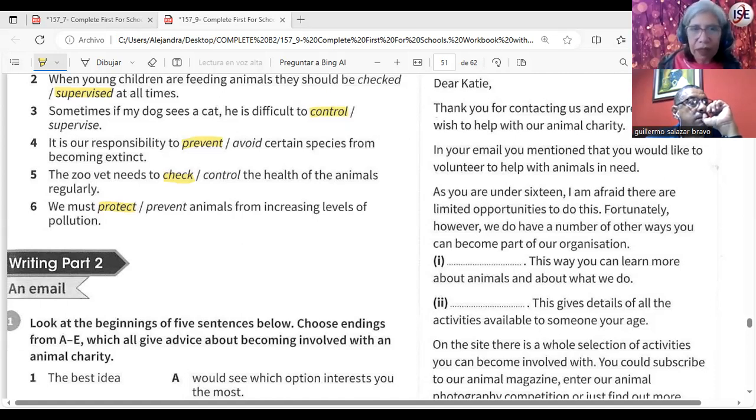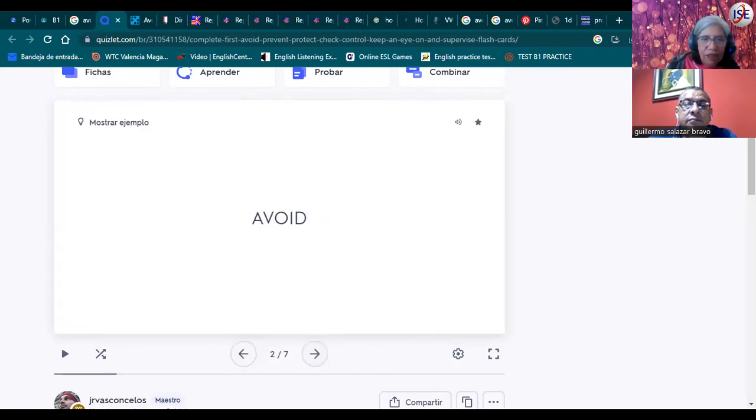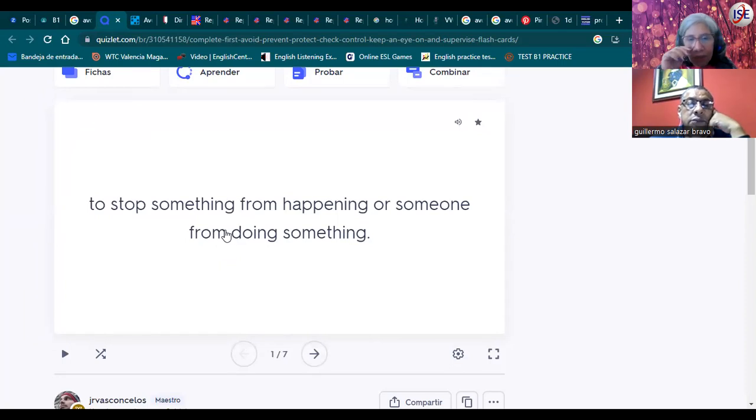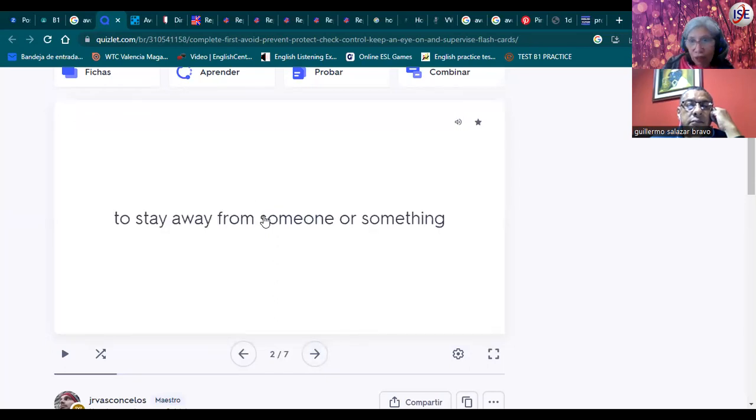Can you see this? Here it says prevent: to stop something from happening or someone from doing something. Maybe this is a clearer concept. Avoid: to stay away from someone or something.